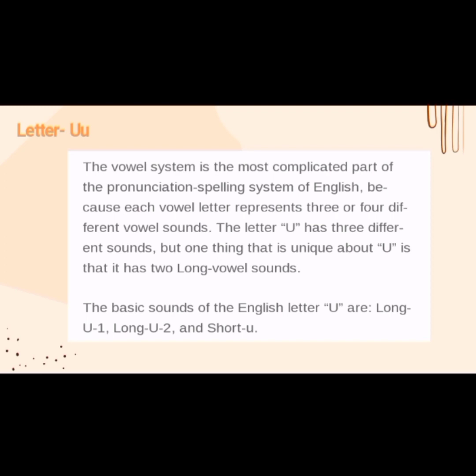The letter U has three different sounds, but one thing that is unique about U is that it has two long vowel sounds. The basic sounds of English letter U are long U1, long U2, and short U.